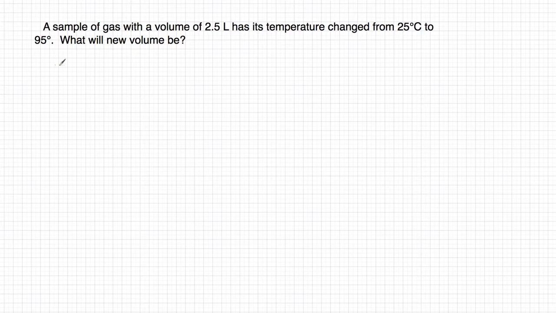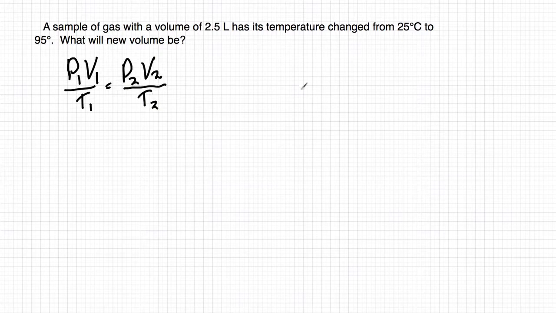And that's going to be P1 V1 over T1 is equal to P2 V2 over T2. Now, we're not told in the problem what's happening to the pressure, so we can go ahead and assume that the pressure is being held constant, and so those terms are going to cancel out straight away.